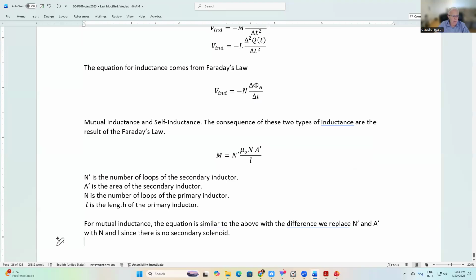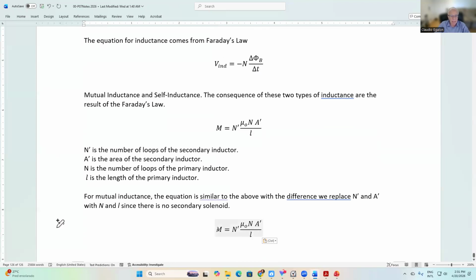Let's put this l in italic so you don't think it's an uppercase I. The self-inductance we represent by the capital letter L. That's why I'm using lowercase l here.